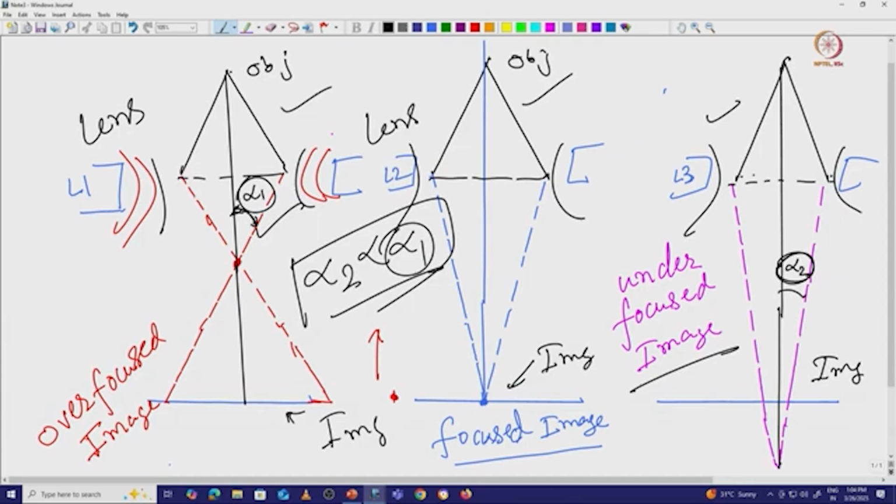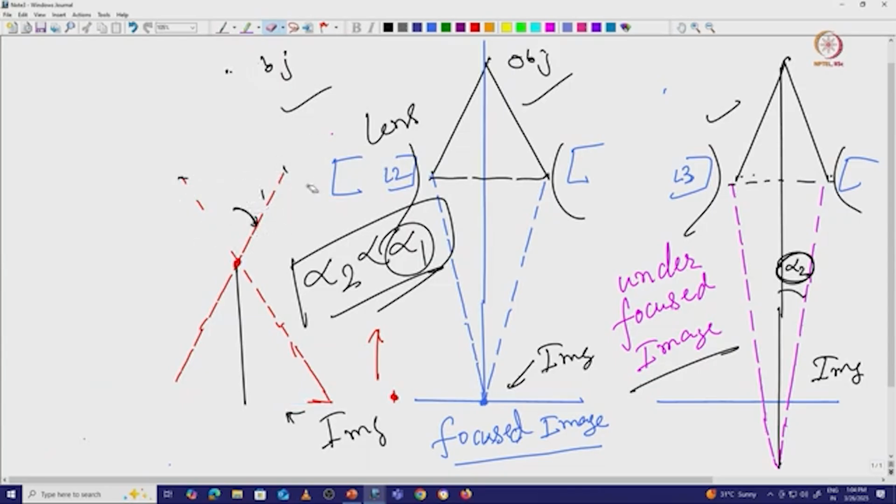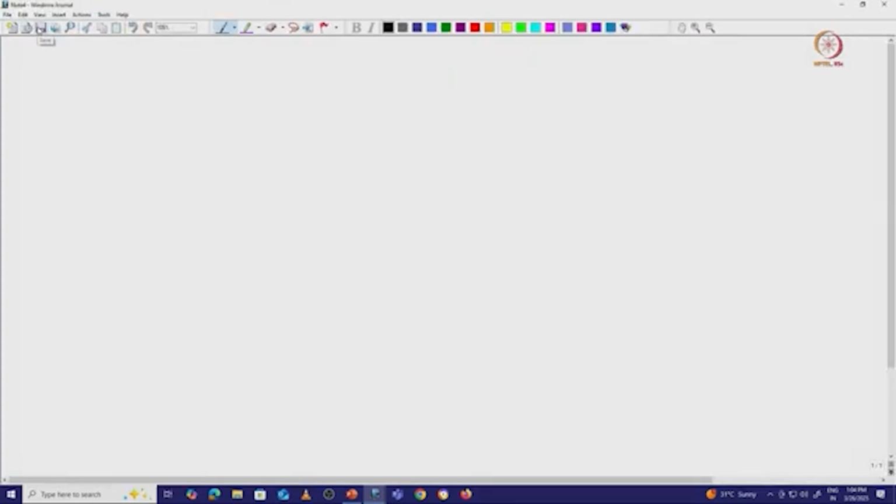One more last thing for today's class, let's take a look. So this is the focusing, and we are talking about how the electron beam is converging and diverging. So we'll go to the PPT and discuss a little bit about the different types of aberration, because that is one of the most important parts of our electron microscope.